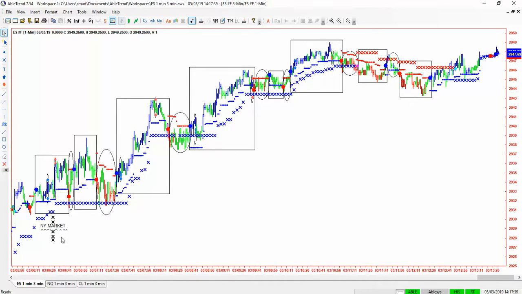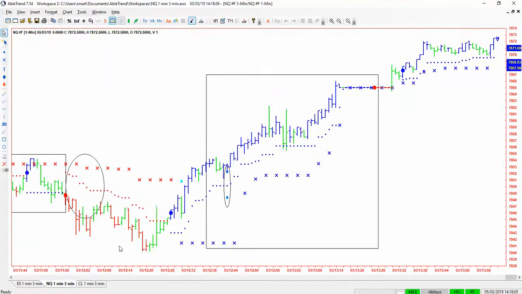If you count the boxes, well, 1, 2, 3, 4, 5, 6, 7, 8, if I'm doing that right. And no trade zones, you got 1, 2, 3, 4, 5, 6, 7 no trade zones. And that's for the ES.